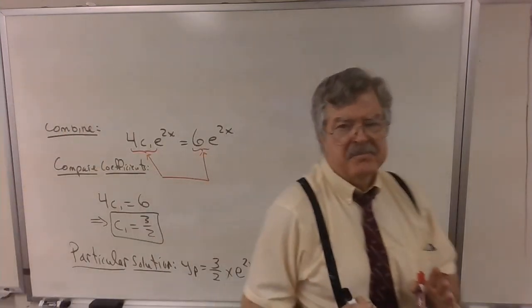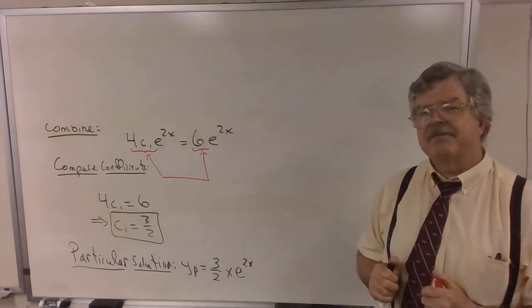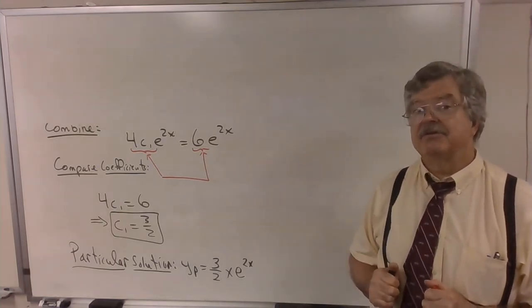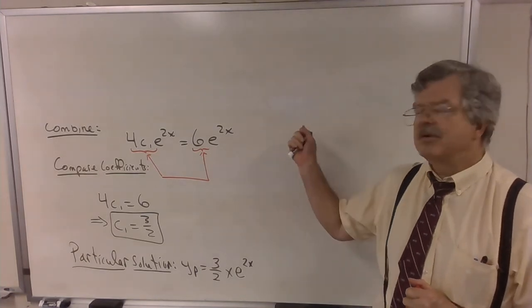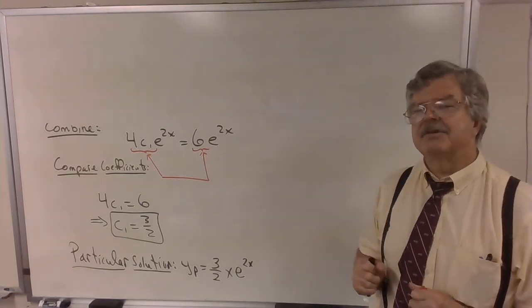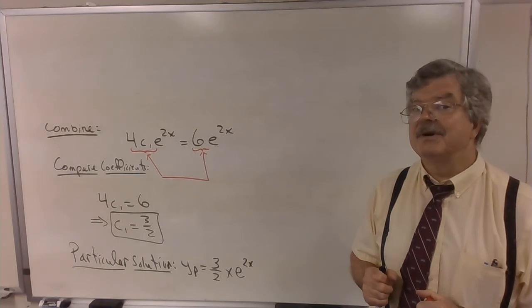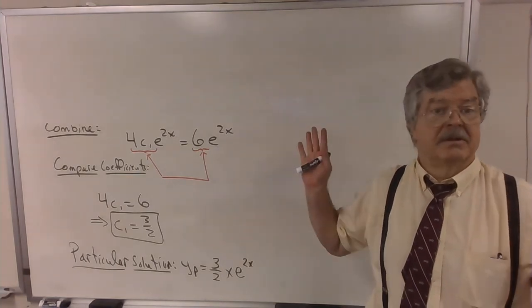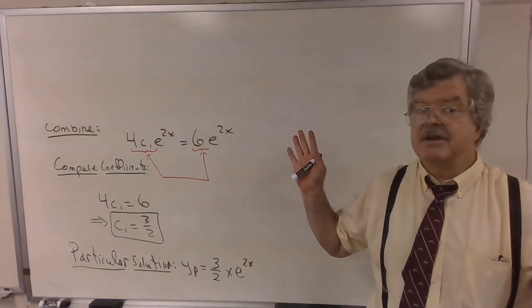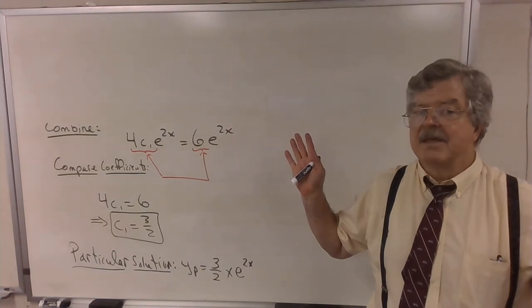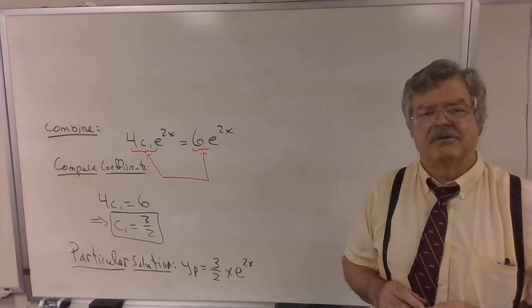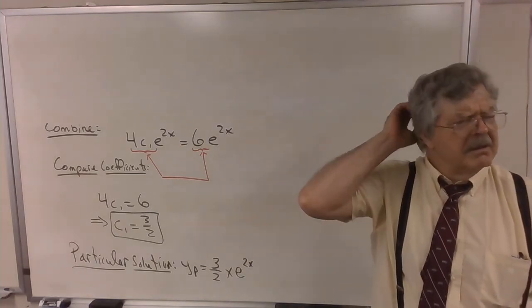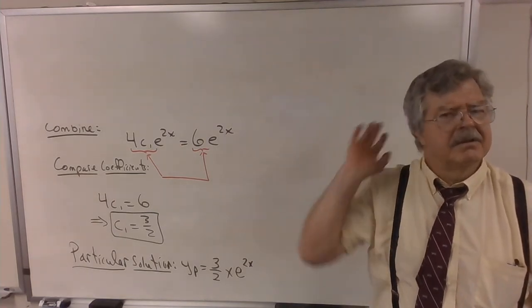By the way, if we hadn't found the complementary solution first, then when we proposed to have the particular solution equal c1 e to the 2x, we would have seen nothing wrong with that. We would have plugged that into the equation, we would have gotten 0, and we would have gone, how did that happen?